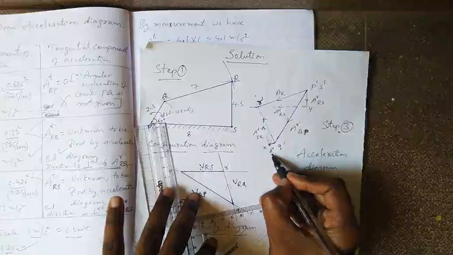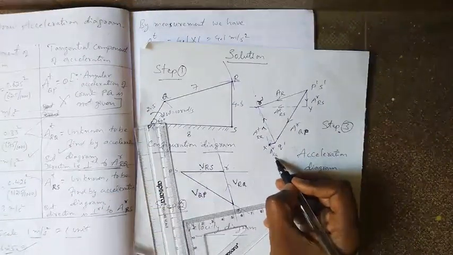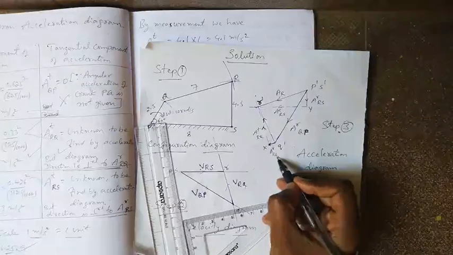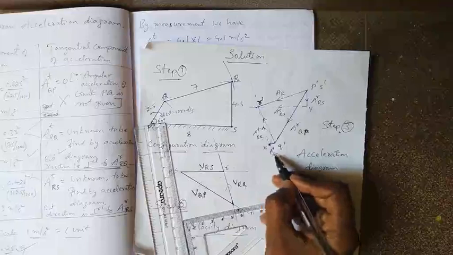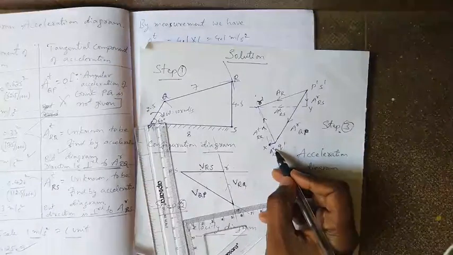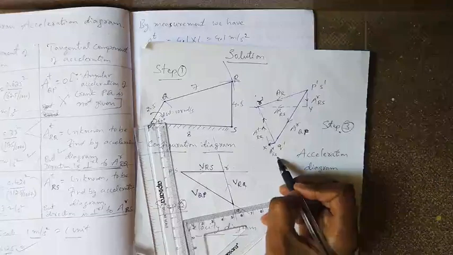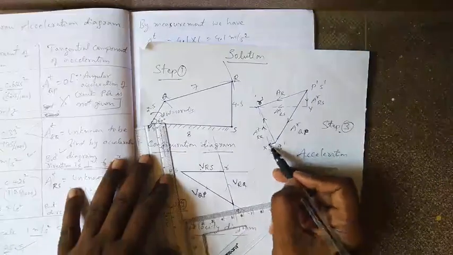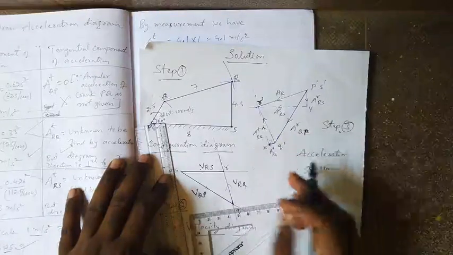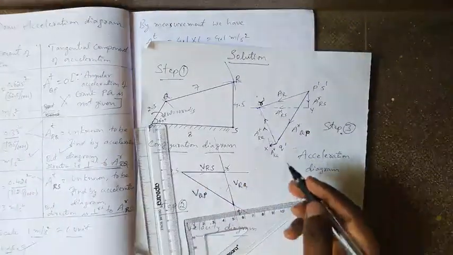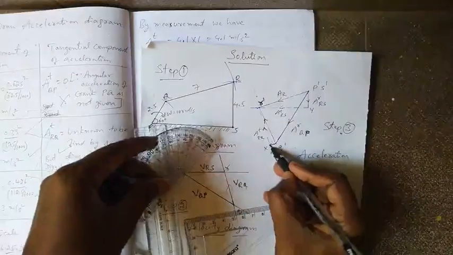Now this becomes the radial component of acceleration of point R with respect to Q, that is ARQ radial component. Now the tangential component of ARQ will be perpendicular to this line. You can measure using a protractor exactly at the end point.